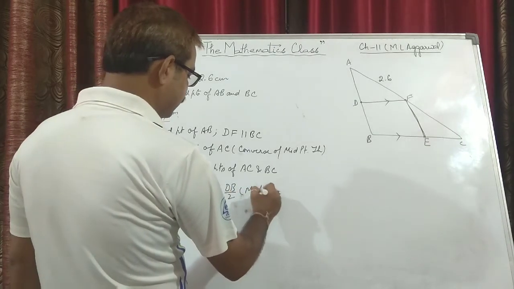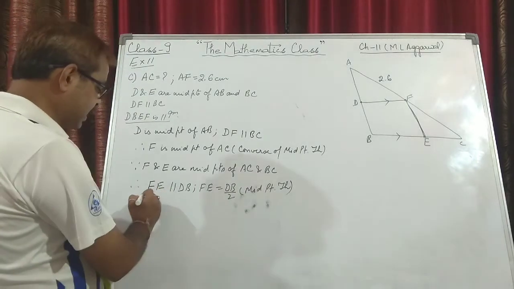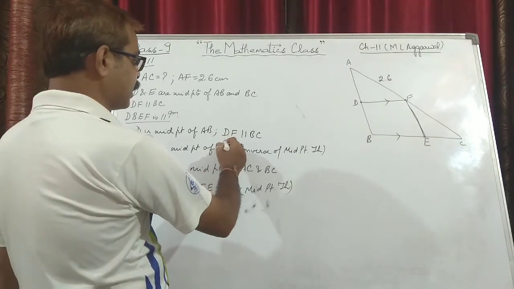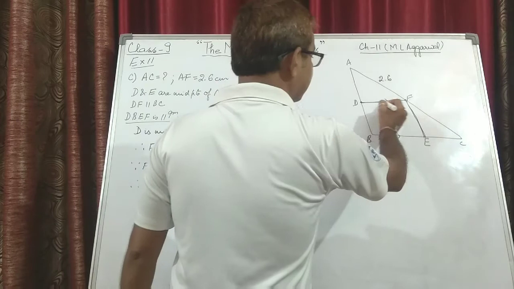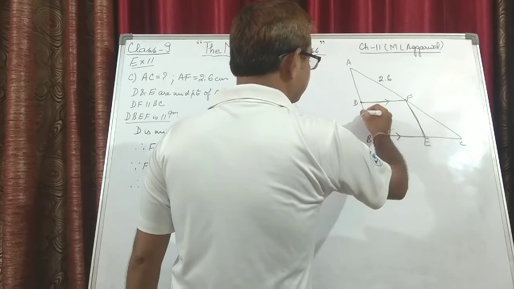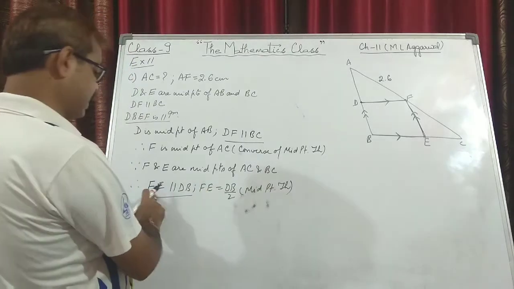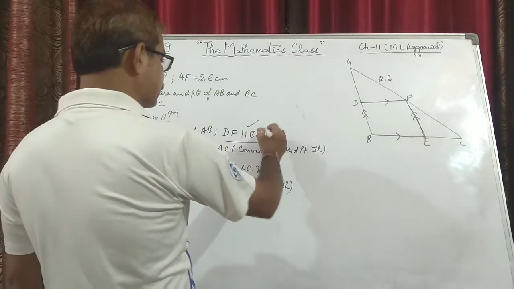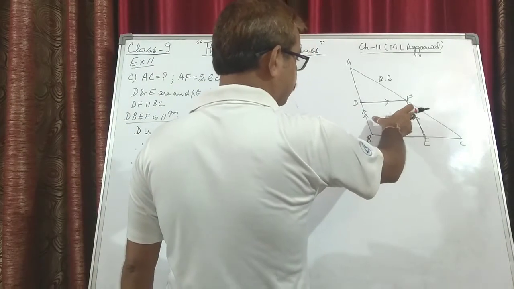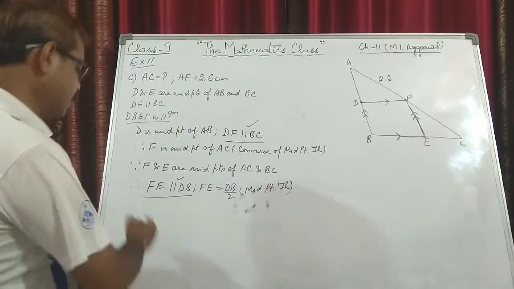Reason, midpoint theorem. Now we have proved that FE is parallel to DB, and here it is given that DF is parallel to BC, so it has to be parallel to BE also. Because both pairs of opposite sides are parallel, DBEF will be a parallelogram.